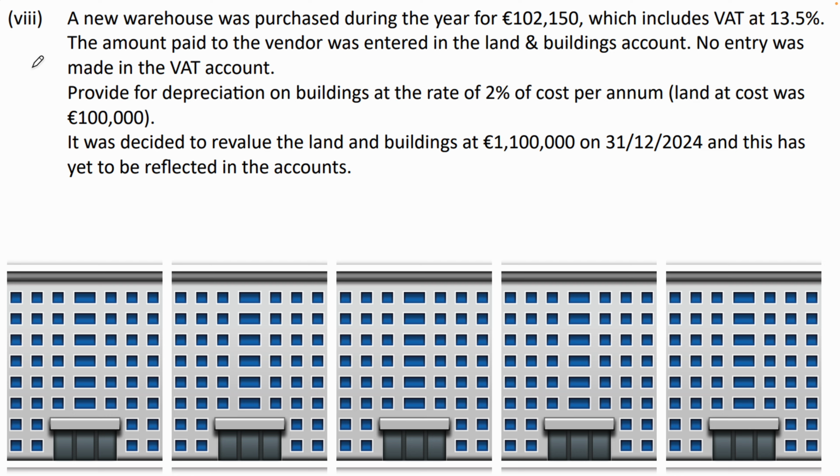No entry was made in the VAT account. Provide for depreciation on buildings at the rate of 2% of cost per annum. Land at cost was €100,000. It was decided to revalue the land and buildings at 1.1 million on the 31st of the 12th, 2024, and this has yet to be reflected in the account.